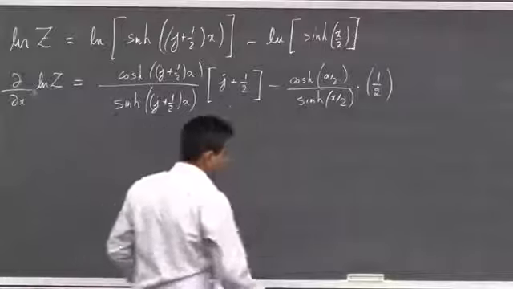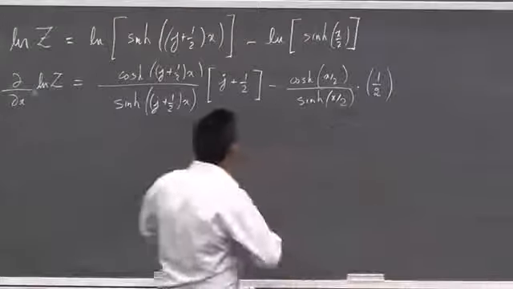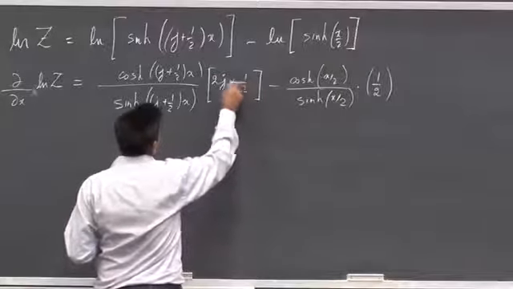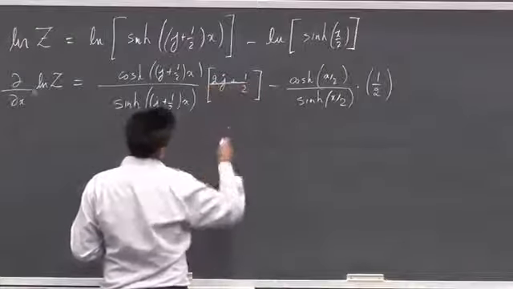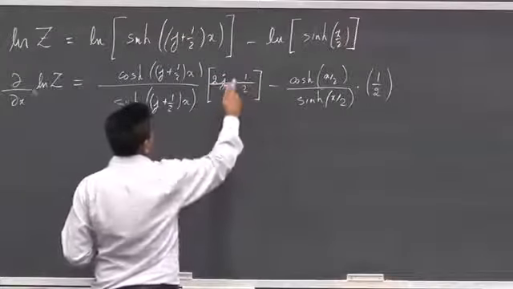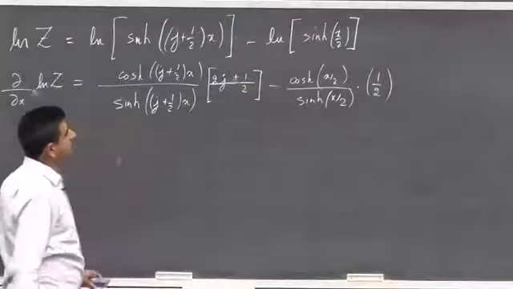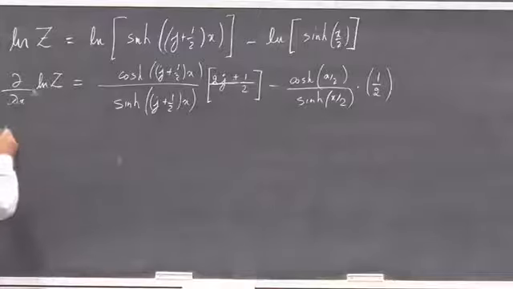I can write this as 2j plus 1 over 2, since j plus half is 2j plus 1 over 2.